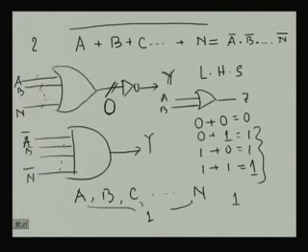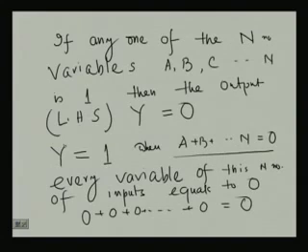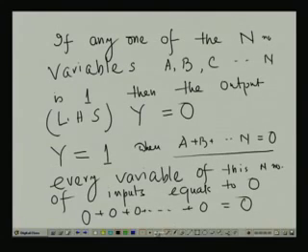So, if we take, just like the AND gate, two input AND gate, what is the logic?